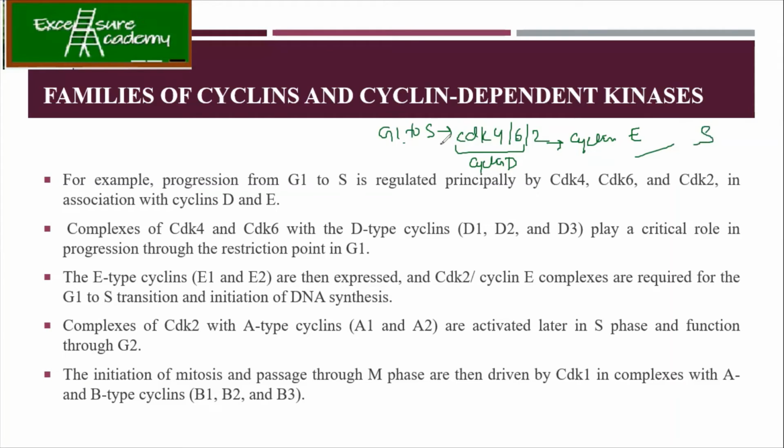G1 to S transition is done. Now you are in the S phase. In S phase, CDK2 plus cyclin A. Okay? Now this will help in the transition from S to G2 phase. In G2 phase, as you remember, CDK1 and cyclin B, but towards the starting, we have cyclin A as well. Okay.